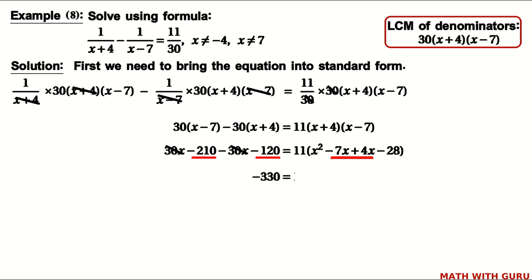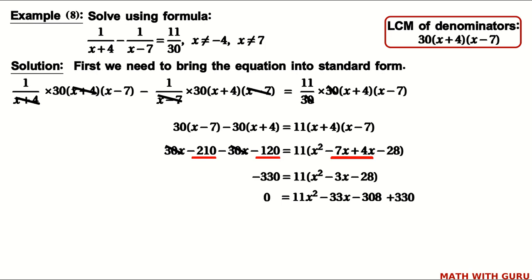On the left hand side we have minus 330 equals 11 into x squared minus 7x plus 4x is minus 3x minus 28. Let us open the brackets on the right hand side. 11x squared minus 33x minus 308. Bring minus 330 to the right hand side.